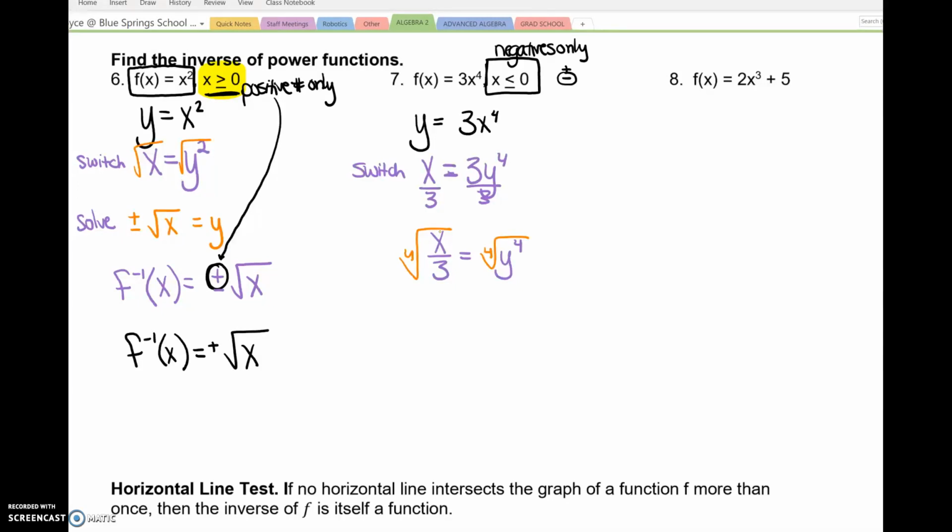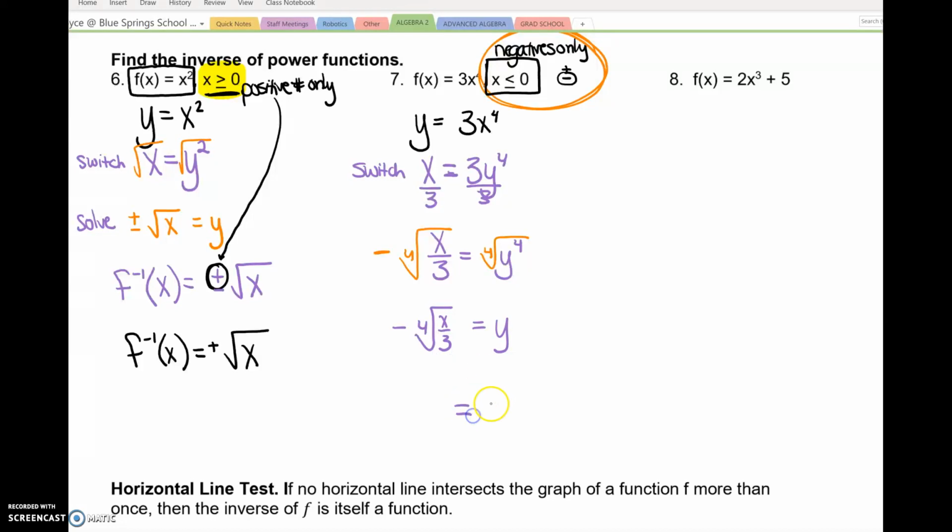And normally, when we put in an even index radical, we have to put a plus minus in front of it. But they told us negatives only, so we only want that negative. So instead of the plus minus, we just want a negative in front. Okay, we've got y equals the negative fourth root of x over 3.